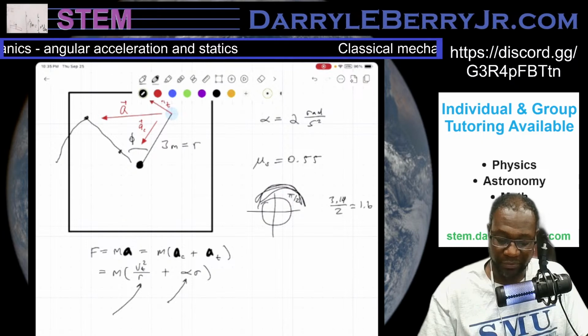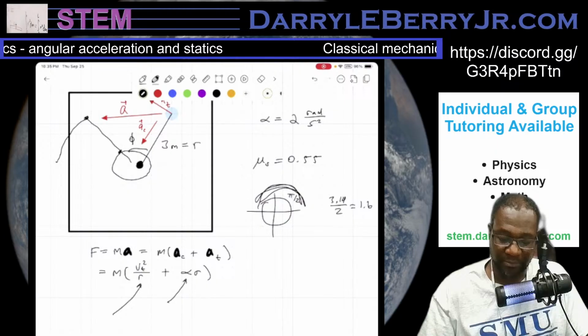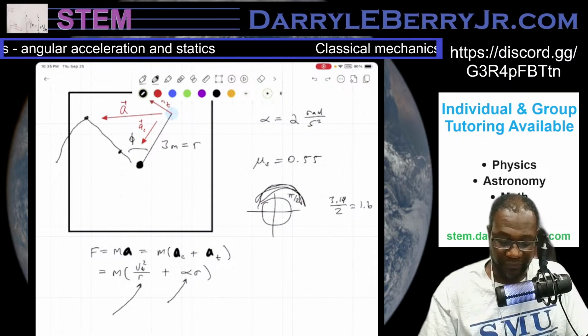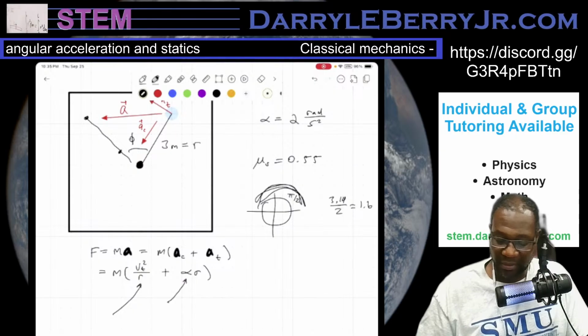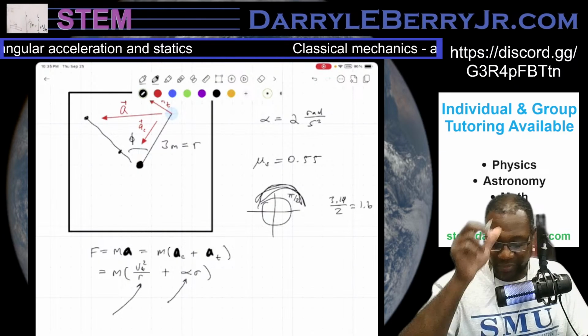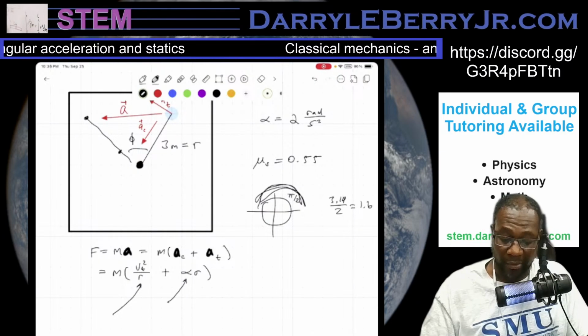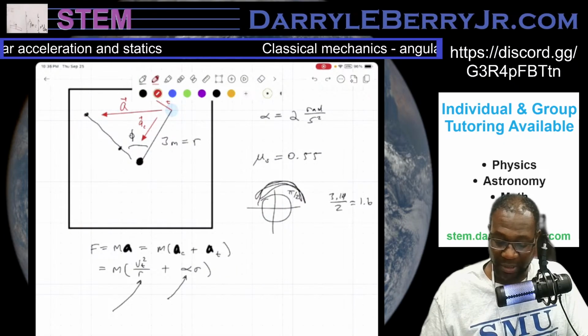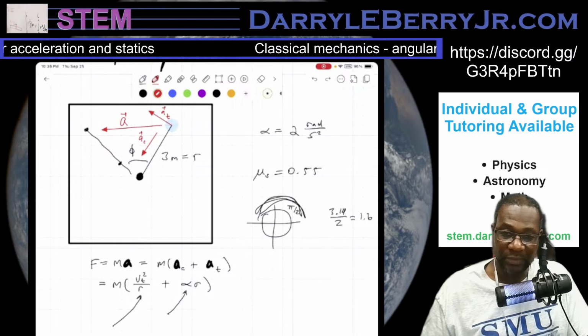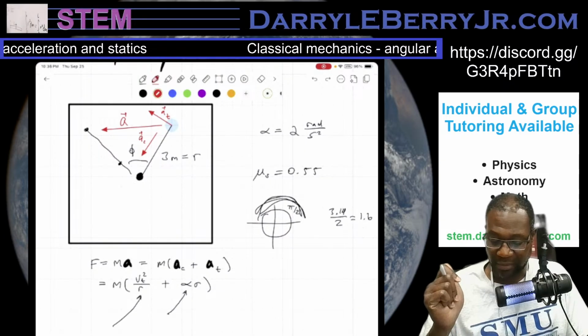So if it's very close to the center of mass, it's just going to make a smaller circle in the same rotation. But farther out, it's going to make a bigger circle, which means it's going to cover more ground. So if we multiply the angular acceleration by r, we'll get meters per second squared. So it'll give us the distance that it is actually accelerating through. So it's of note that radians are unitless.